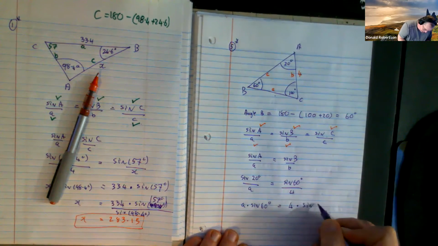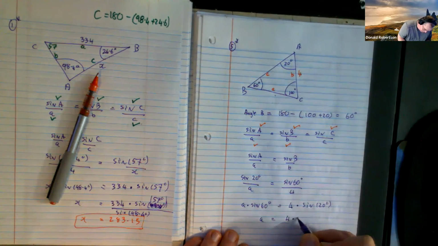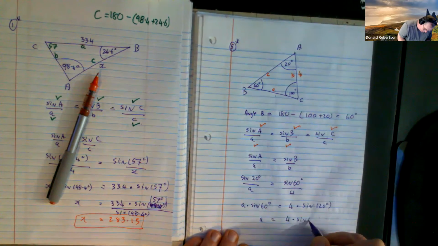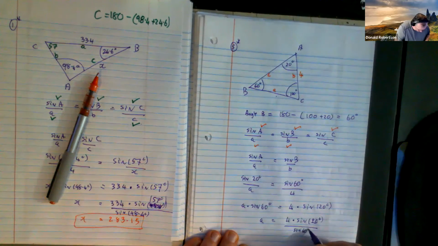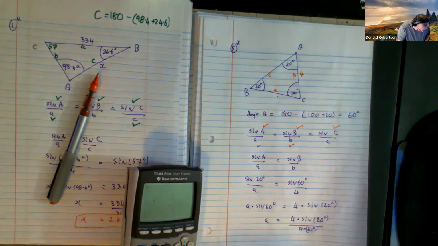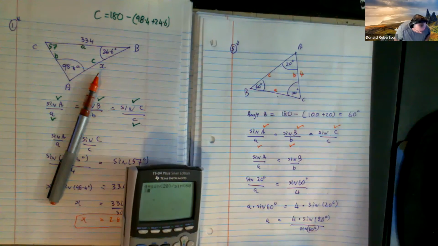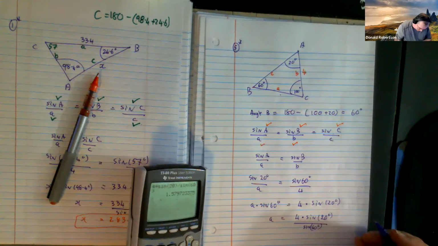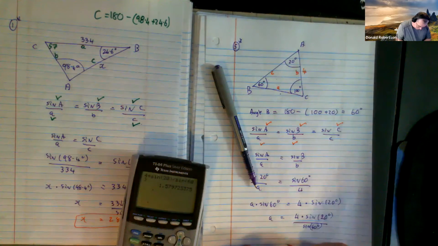Divide both sides by the sine of 60. And we're done. So 4 times sine of 20 divided by sine of 60. And they want 2 decimal places again. So that rounds up to 1.58. Great.